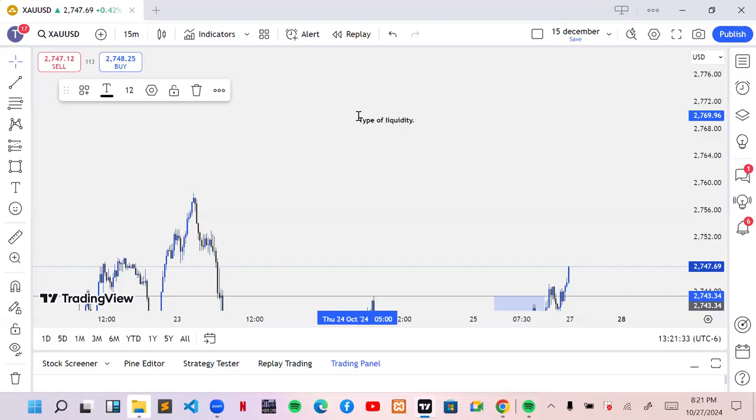One, there's the trend line liquidity. Two, there's the equal high, the equal low liquidity.